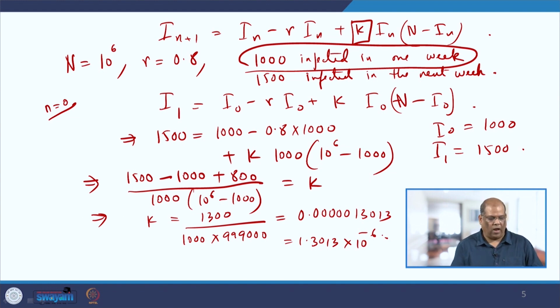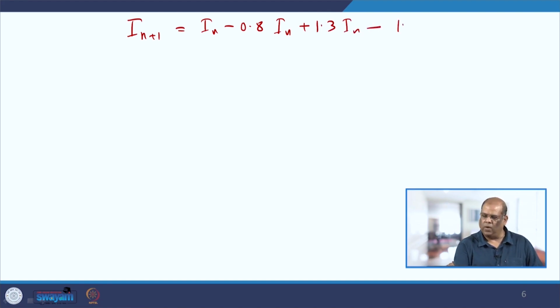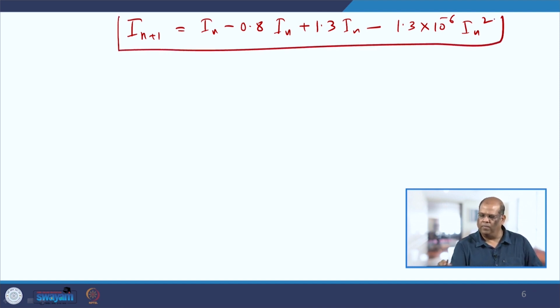So, that is the value of k. And if you substitute, you will get I n plus 1 is equal to I n minus 0.8 times I n plus 1.3 times I n minus 1.3 into 10 to the power minus 6 times I n square. So, I just substitute the value of k, and I got the model in this form.